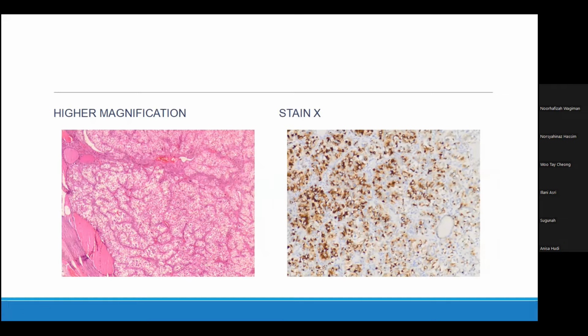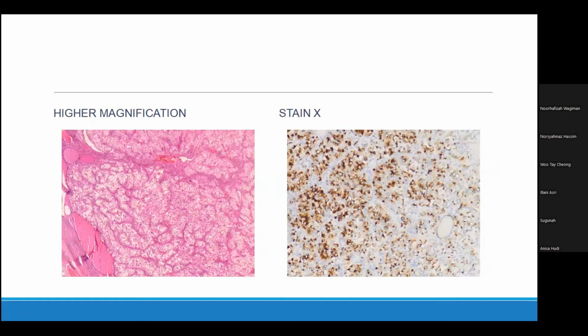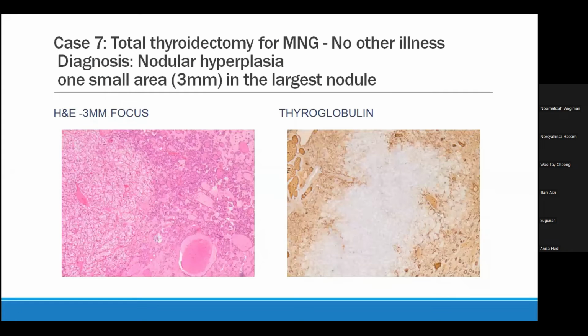They don't look like thyroid follicular cells, but they have some clear cytoplasm. You can have clear cytoplasm in follicular lesions, but it makes me think of something. Okay, let me go back. And then I did this stain X. I won't tell you now. It was positive. Okay, so let's go to the next case.